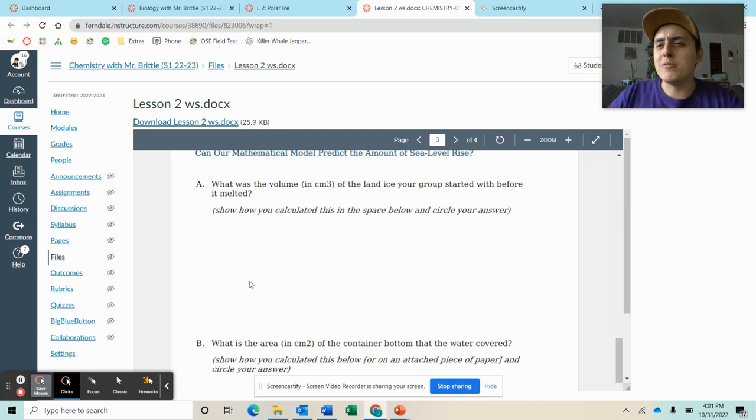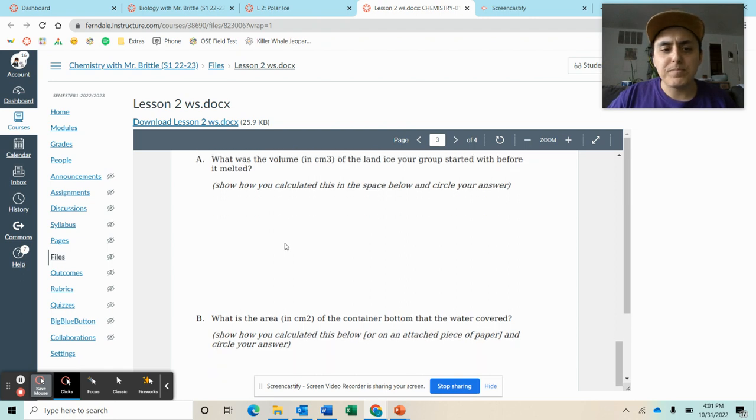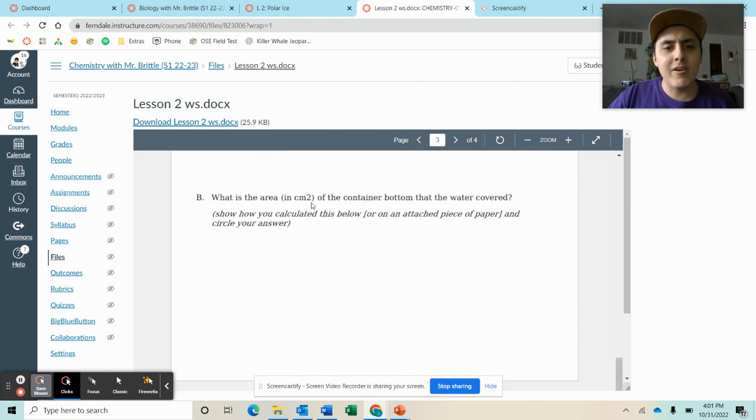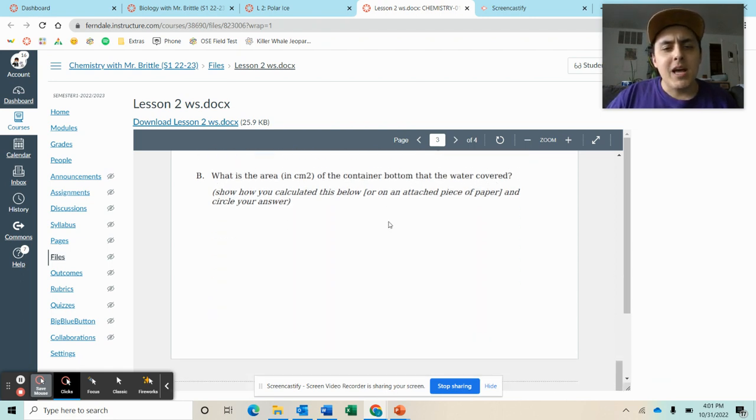Or maybe, no, I'm sorry, it was 2 centimeters by 2 centimeters by 2 centimeters. Remember, volume is length times width times height. So you could do that here, and 2 times 2 times 2 is what, 8? So 8 centimeters cubed.